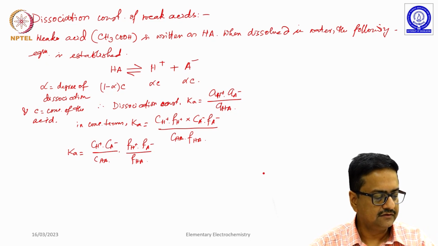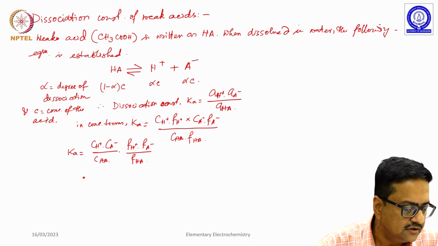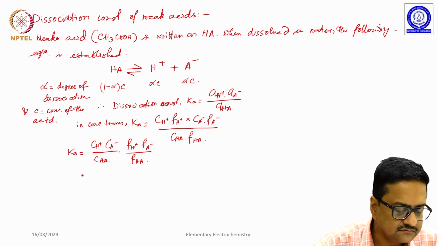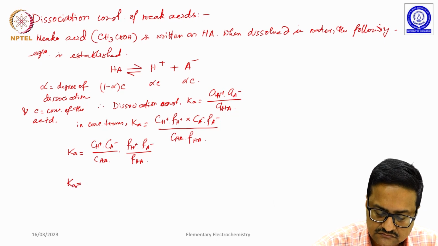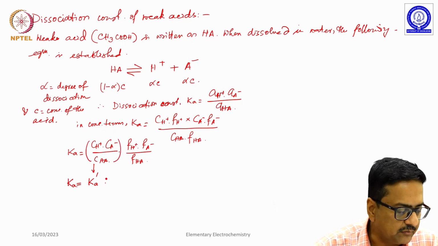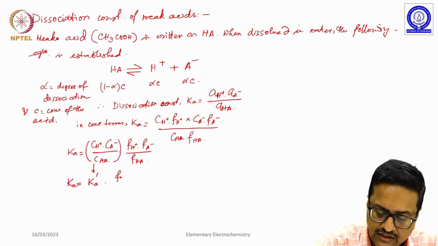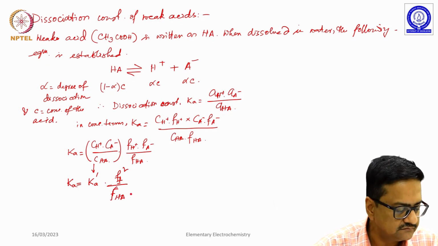and further one can write Ka equal to Ka prime in terms of concentration. This term is written as Ka prime multiplied by F plus minus square by FHA.